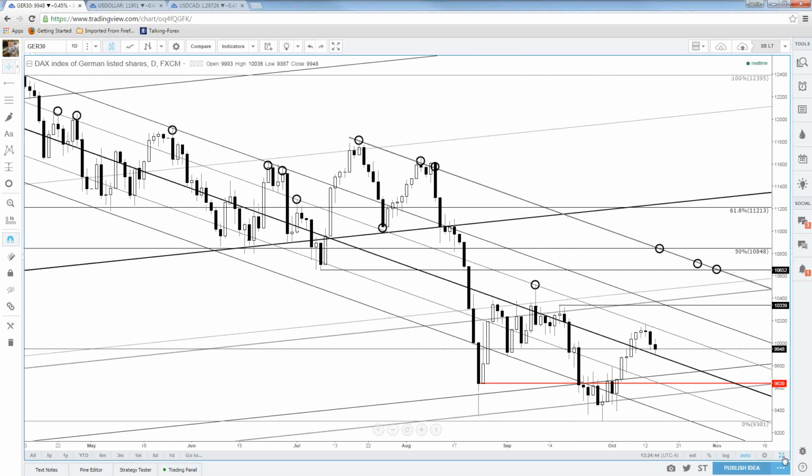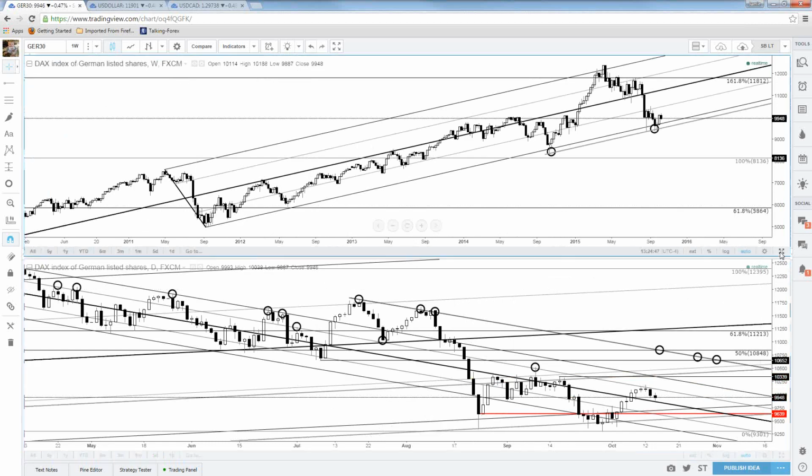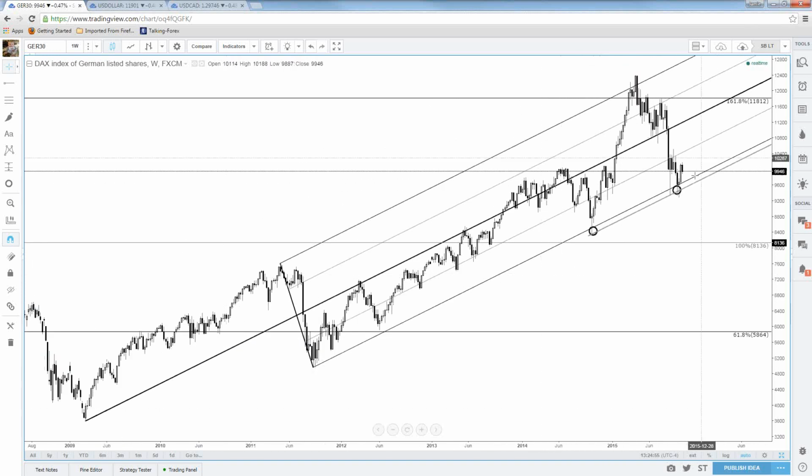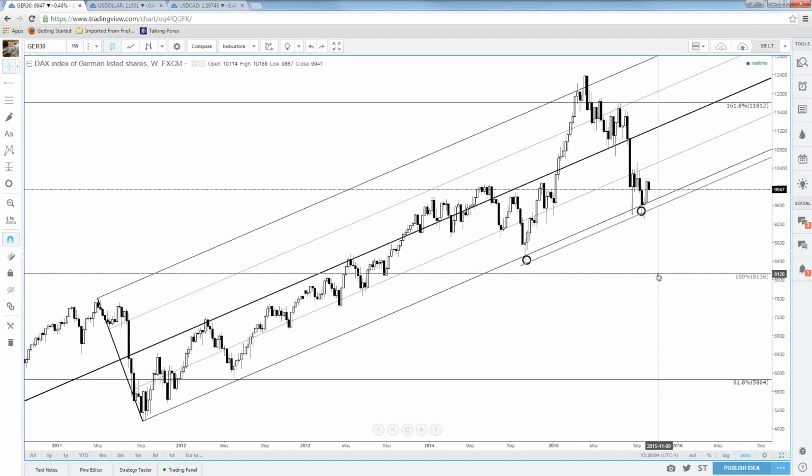Resistance is higher, and you've got to remember in this market, we've come from some really big support on a long-term basis. So a little more of a rally attempt would not be all that surprising, I should say.